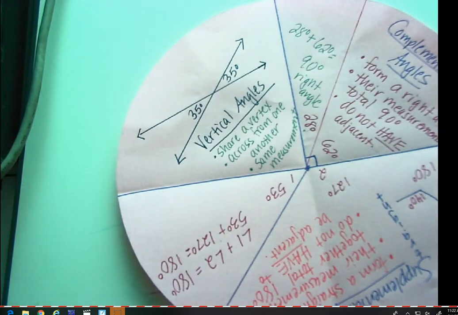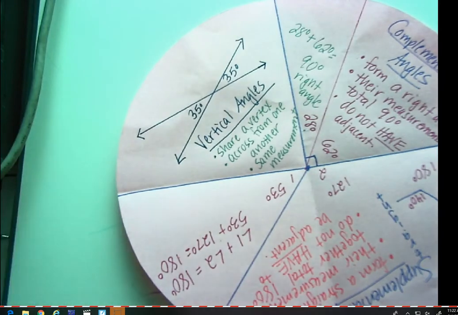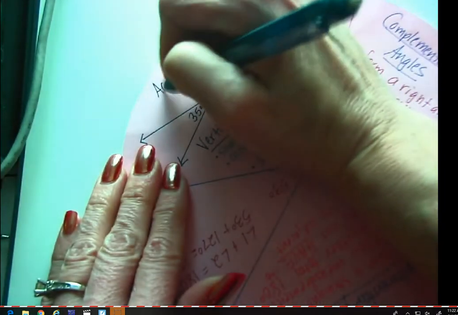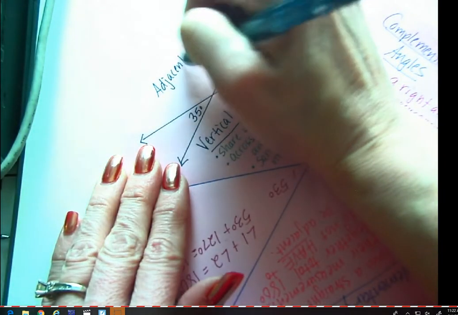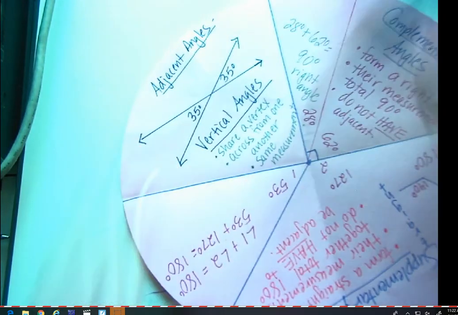And now the very last thing we're going to talk about is, do you guys remember the last type of angle? Starts with an A? Adjacent. So adjacent angles, they're right next to each other.